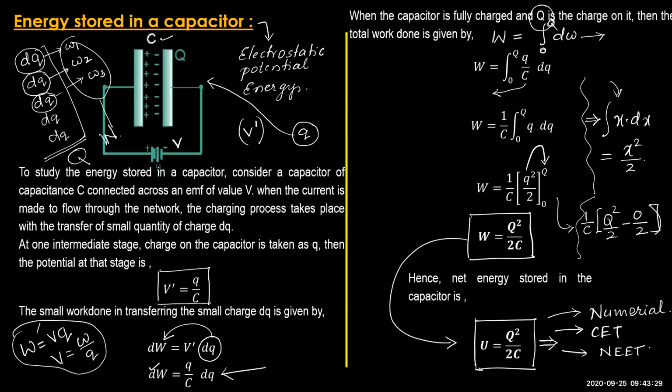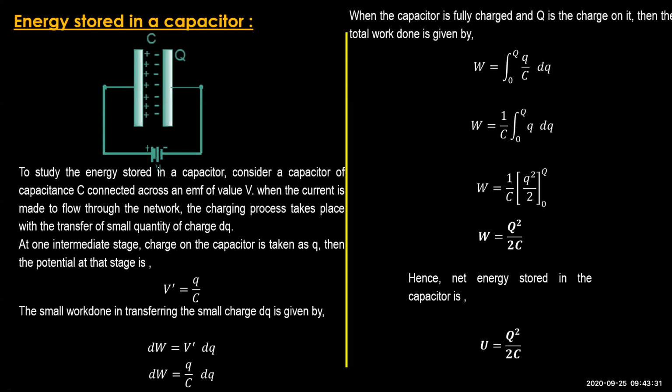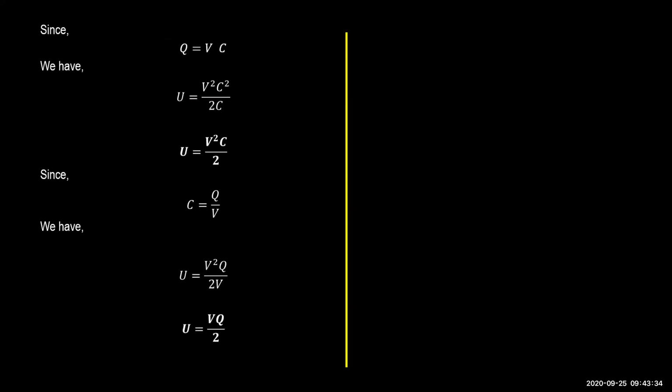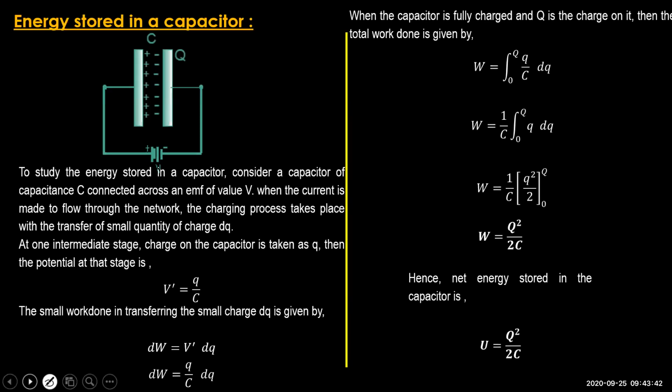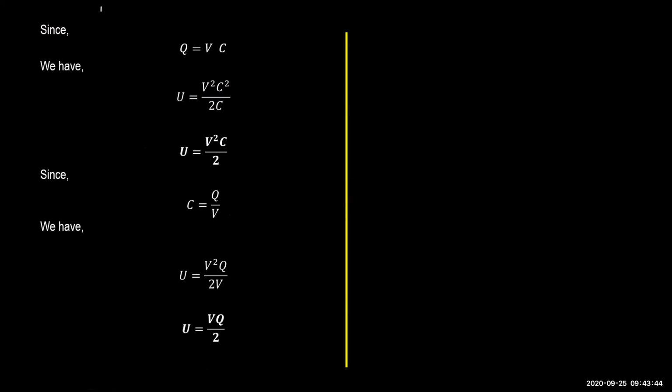Okay, so dear students, here we have some modifications in the previous formula. If we make some changes, then what will happen? See, what formula we got for U? U is equal to Q square divided by 2C. Okay, this is the formula for energy stored. Yes. See, we know one relationship, that is Q is equal to V into C, isn't it?